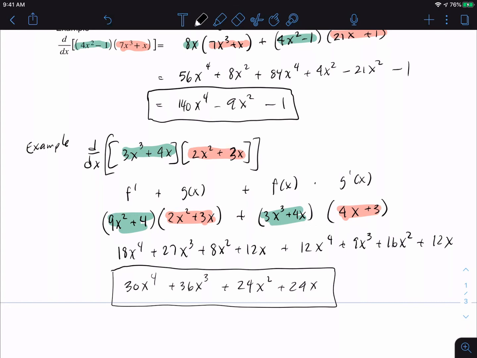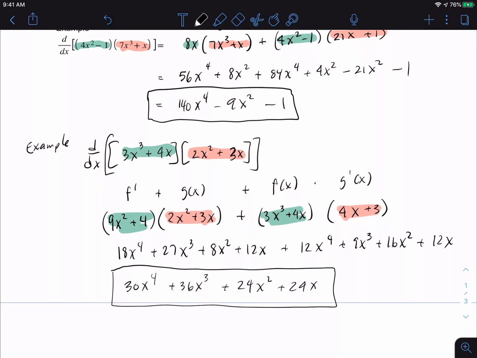But you'll get there. Just imagine when I do a product with a quotient, it'll get even more complicated. Maybe I'll do one of those at the end so you guys can see how tough this can get. Okay? Do you follow at least the process that I'm doing here? Okay. All right, that's good.